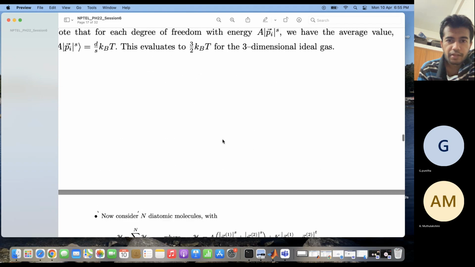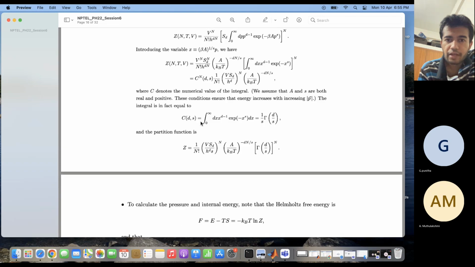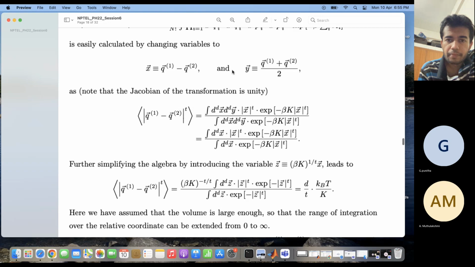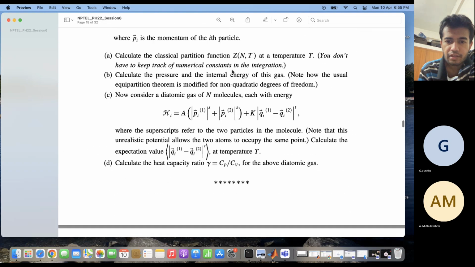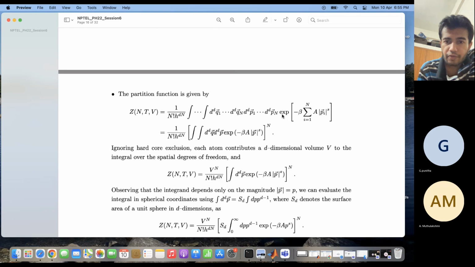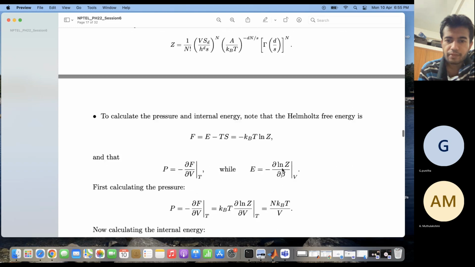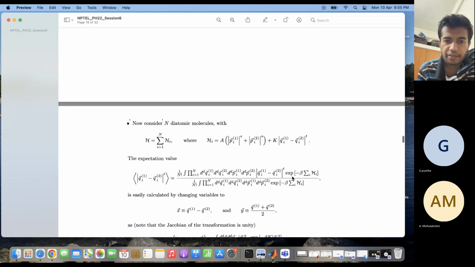Where did the Z go? Yes. If I take a look at the partition function, the form of the partition function is given over here as a sum of e to the power of minus beta h, where h is equal to a into (p_i1 plus p_i2) plus k into (q_i1 minus q_i2).